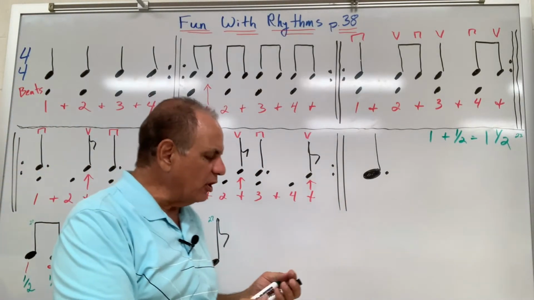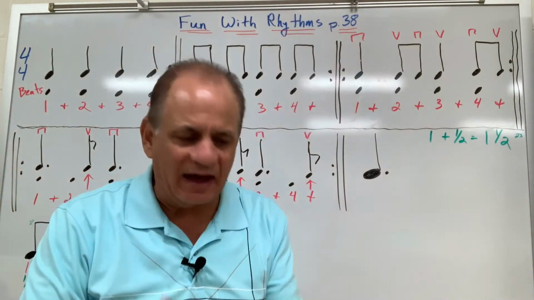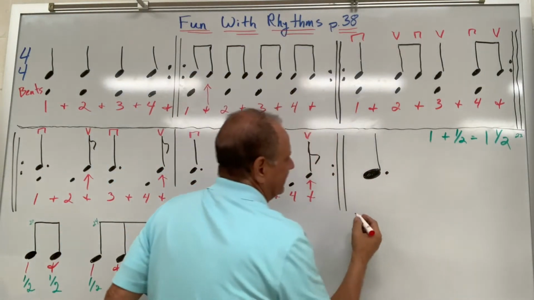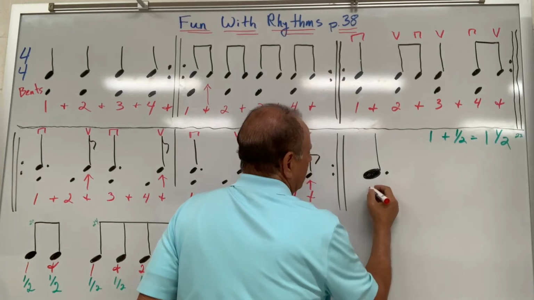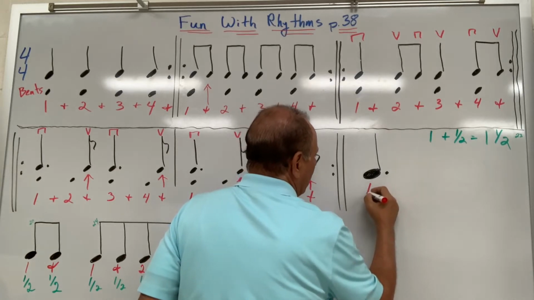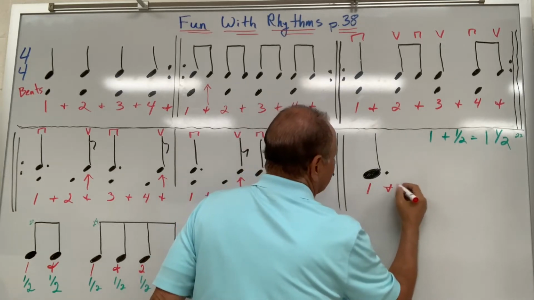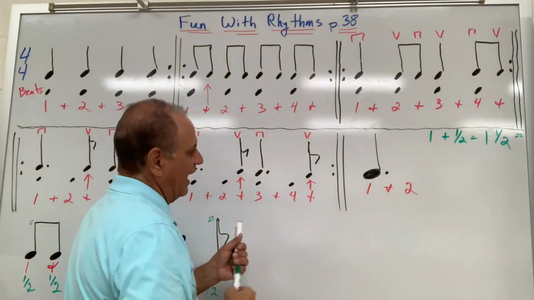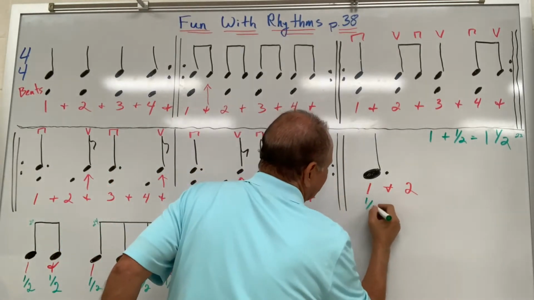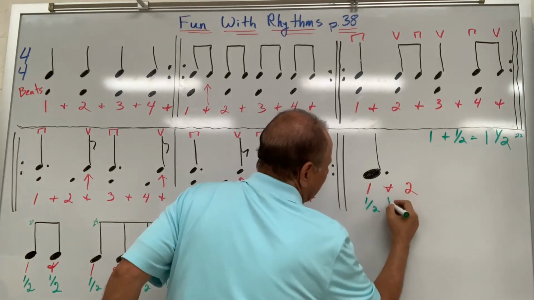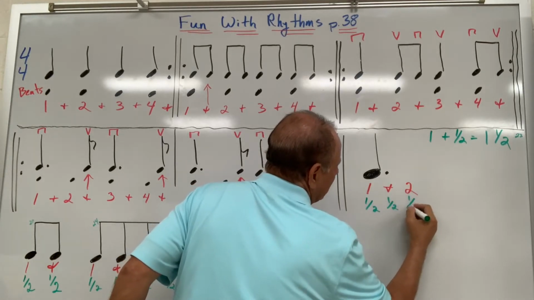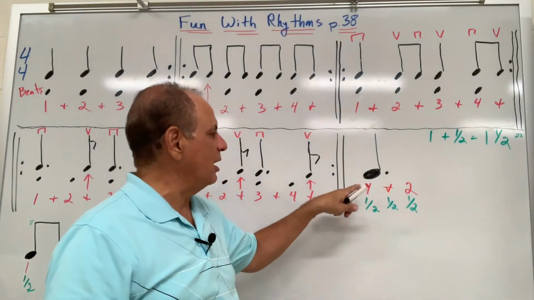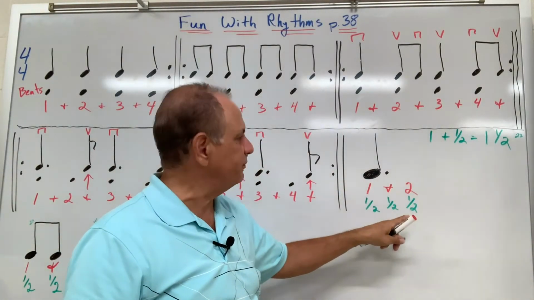Now remember, eighth notes are half of a count. So how many eighth notes are going to be in the dotted quarter note? So we have 1 and 2. Each of these are half. So we have a half count there. That symbol is half a count. This number is another half a count. So each of these numbers and syllables are half counts. Okay?